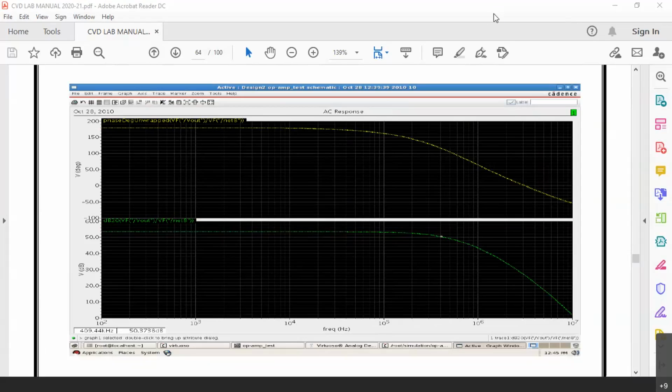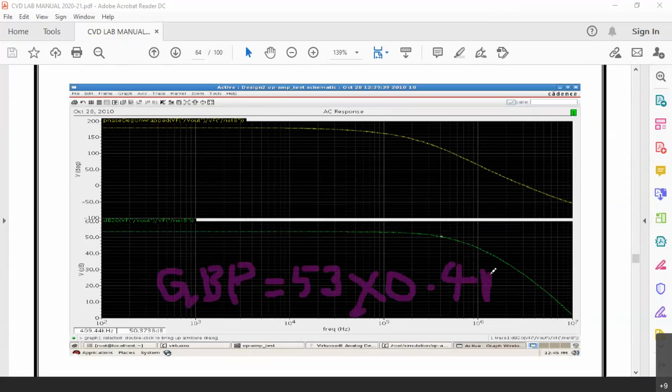So here we can accurately write the GBP using decibels as 53 dB, approximately 53 dB into 0.4 mega.